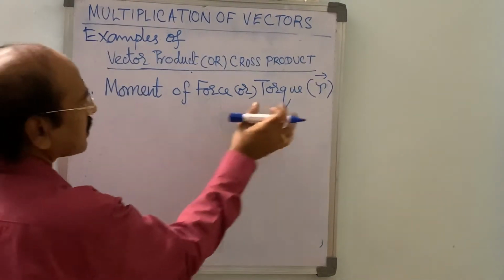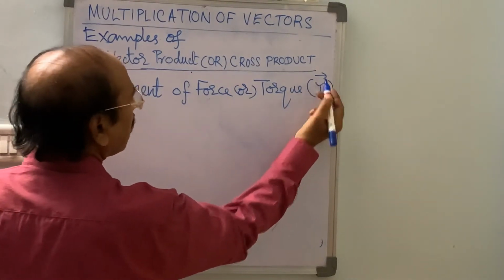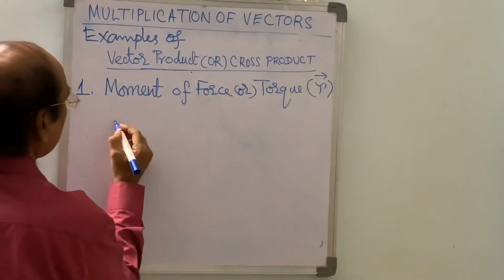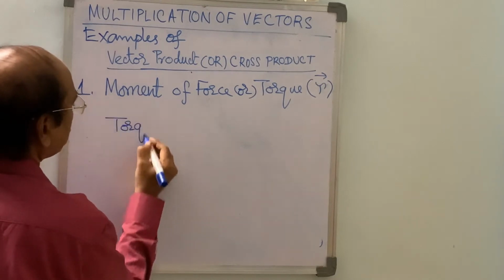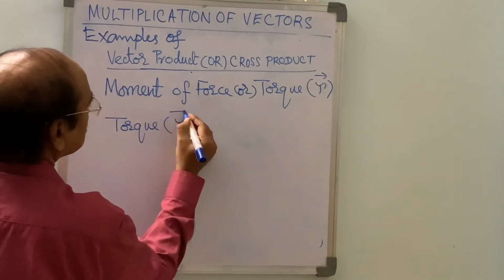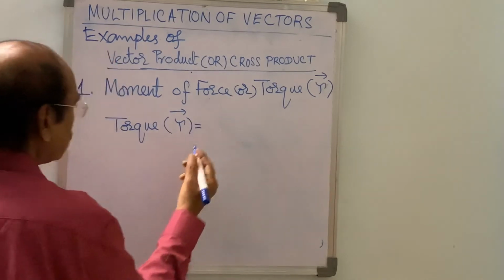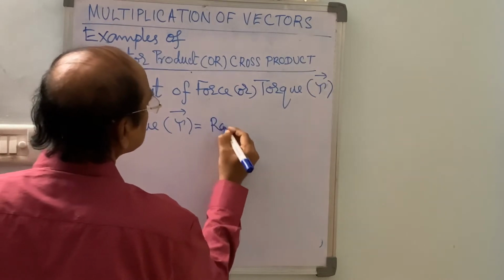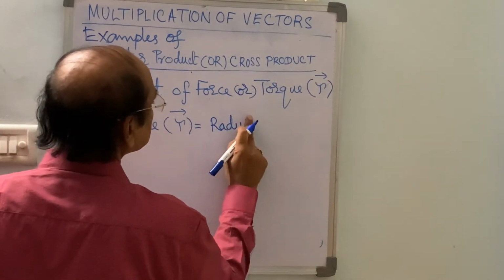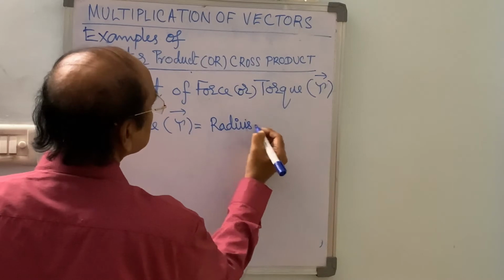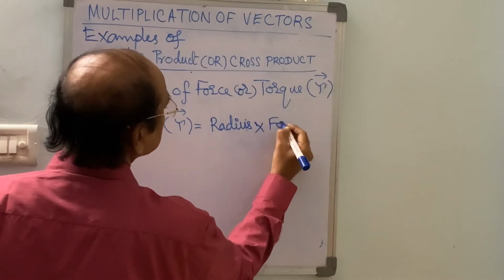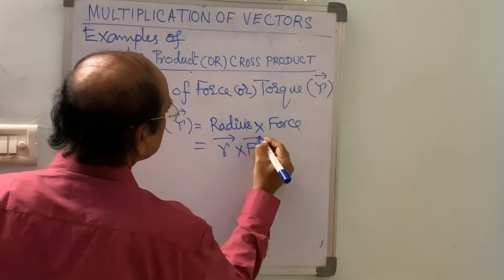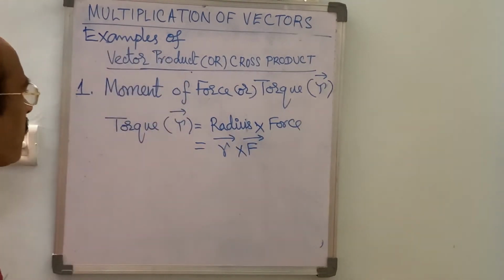Here, moment of force or torque is represented by tau bar because it is a vector. So, torque is the vector product of force and radius vector, r bar cross F bar.